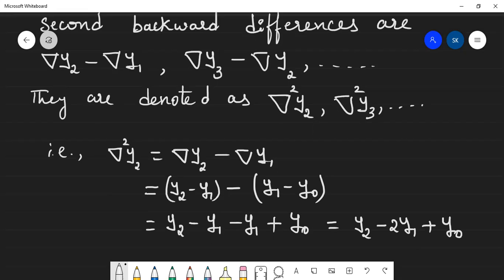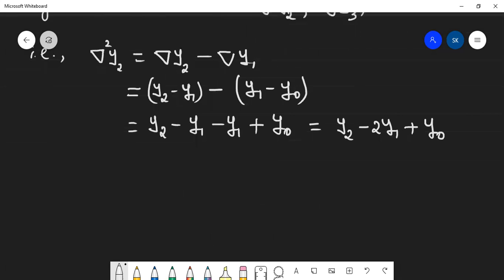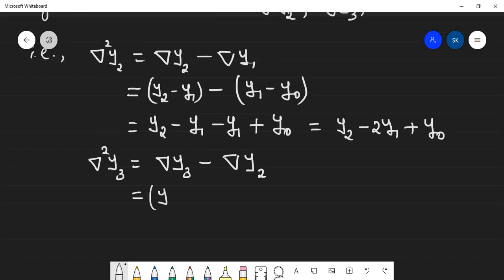This is my backward delta square y2 value. Fine. Next one. How to get backward delta square y3? It is backward delta y3 minus backward delta y2. What is the backward delta y3 value? It will be y3 minus the previous term y2, minus backward delta y2 which is y2 minus y1.